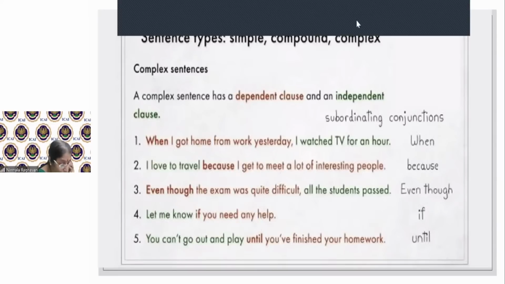So you can copy these so that you know what a complex sentence is and what governs a complex sentence. Prabhat, yes, I see everybody's chat here. Okay, you have a minute more. Let me not rush it.